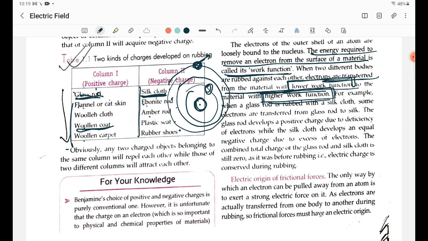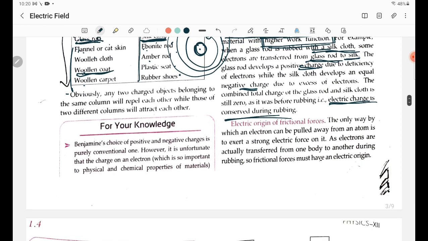When a glass rod is rubbed with a silk cloth, some electrons are transferred from the glass rod to the silk. So that's why the glass rod gets positive charge, and the silk gets negative charge due to excess of electrons, that is, the glass rod is lacking electrons. So electric charge is conserved by rubbing.